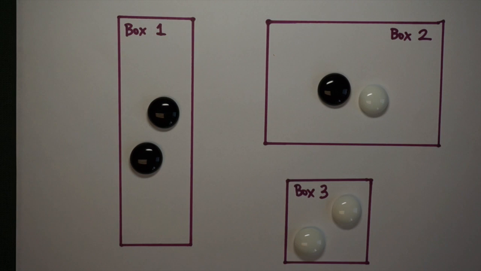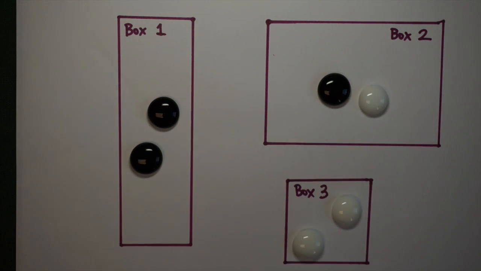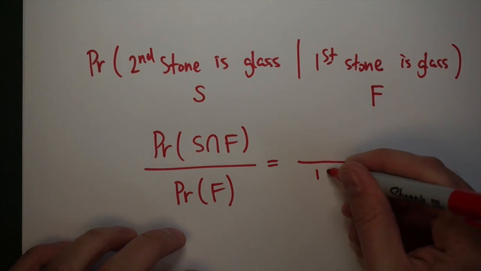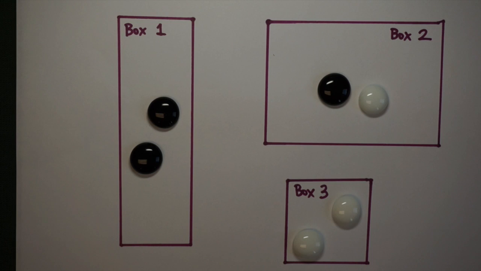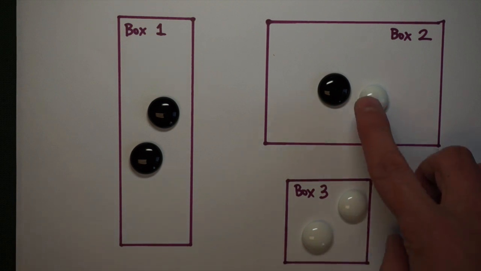If I took a look at the whole situation, then I have 3 glass marbles and 3 steel or silver marbles. So 3 out of my 6 marbles are glass, which means there's a 3 in 6, or 1 in 2 chance that I pull a glass stone first. To find the probability of S intersect F, I'm looking for drawing the glass stone first and the glass stone second.